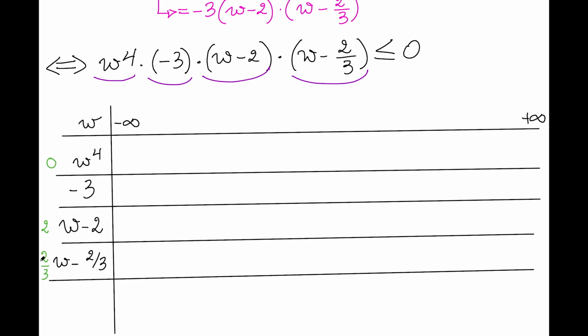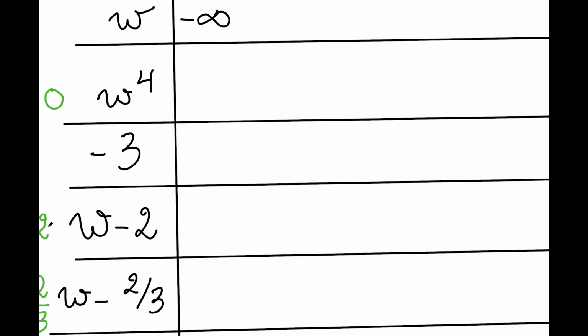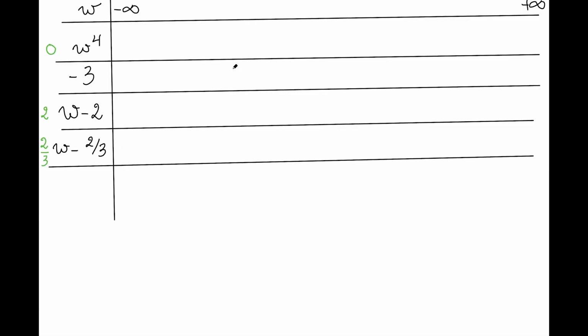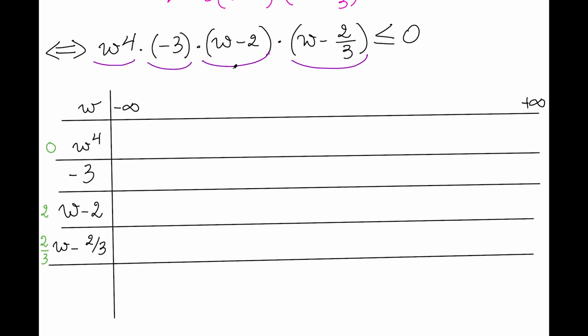So 0 is the smallest among all these, then the second smallest is 2/3, and the biggest one is 2. And I'm going to drop my bars here.